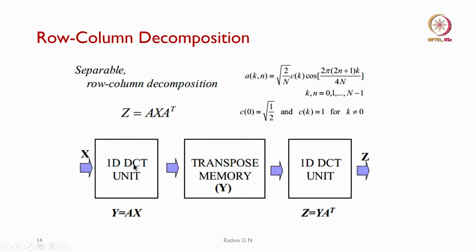Then what happens to our equation? x is the input to the 1D DCT unit. So what we are going to compute here is y equal to the first stage, A into x. Then we will do the transpose of the memory of y. Why do we have to do the transpose?